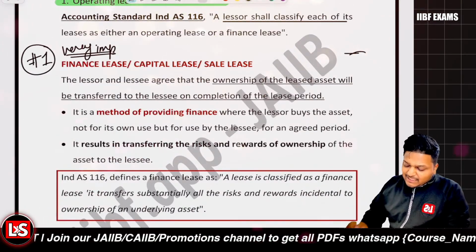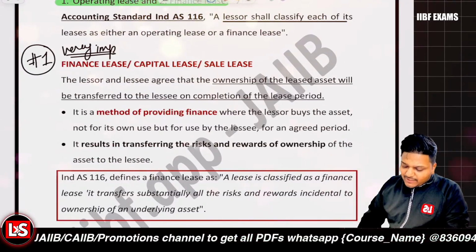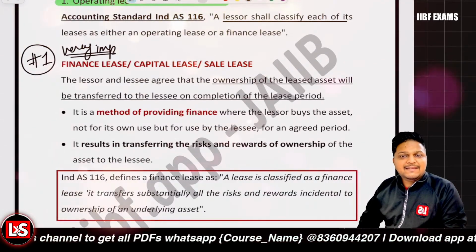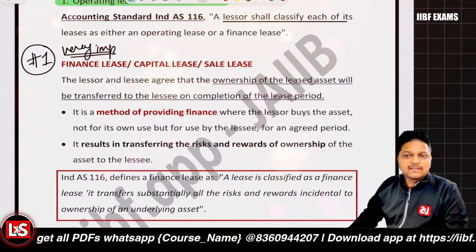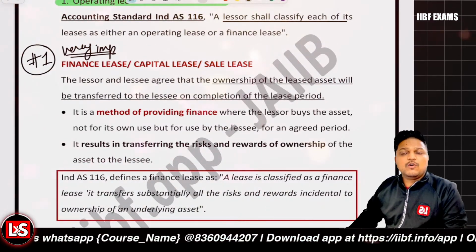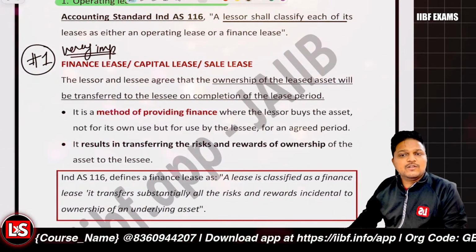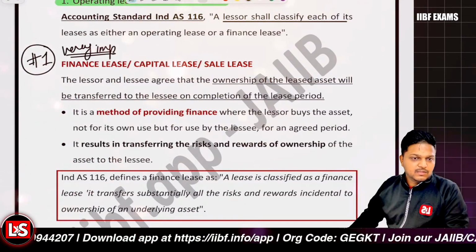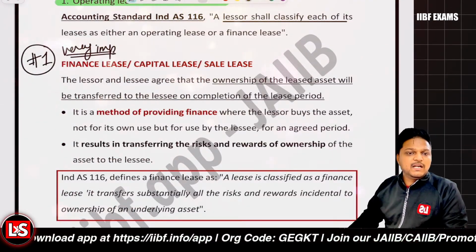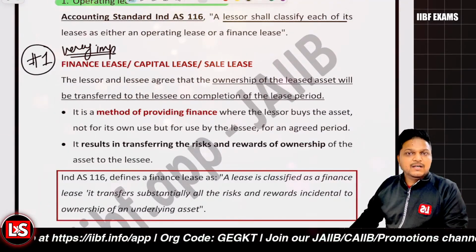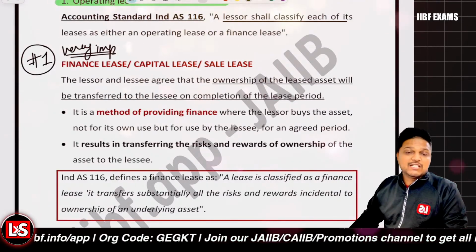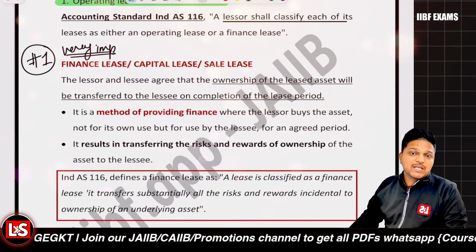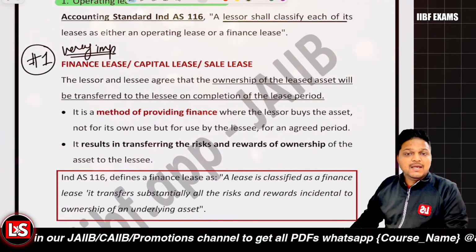The second important point, the most important point actually, is that the lessor and the lessee agree that the ownership of the leased asset will be transferred to the lessee on the completion of the lease period. When the lease period completes, the lessor is going to transfer the ownership to the lessee.